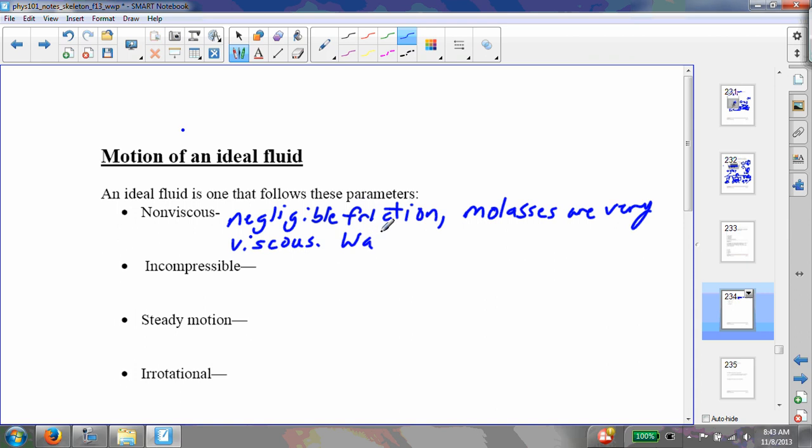Water is non-viscous, flows very easily. And we'll only consider non-viscous fluids like water, for example.